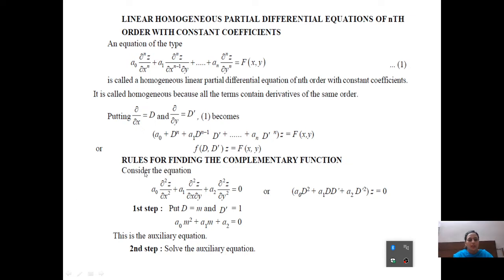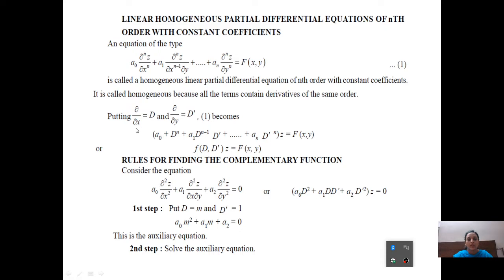So, in continuation, to solve such kind of equation, first we should try to understand the general notation that will be used throughout the lecture. Here, del by del x is represented as capital D and del by del y will be represented as capital D dash. In first year, you must have studied differential equation of nth order with constant coefficient.